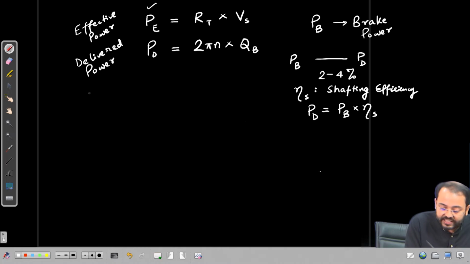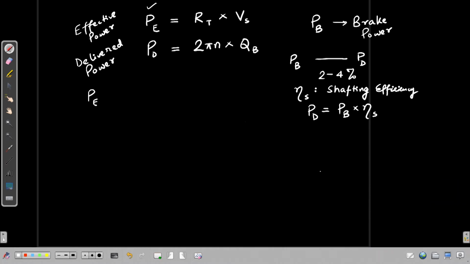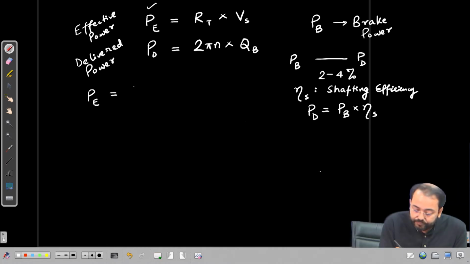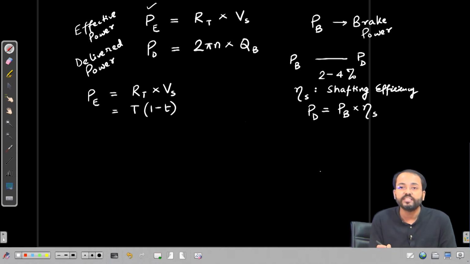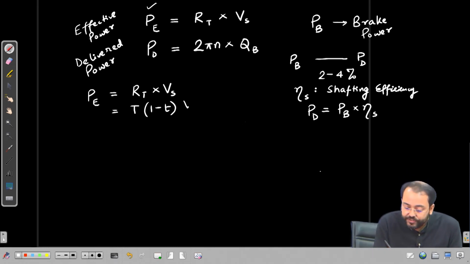If we write PE equal to RT into Vs, RT is thrust into 1 minus thrust reduction, and Vs is velocity of advance divided by 1 minus wake fraction.